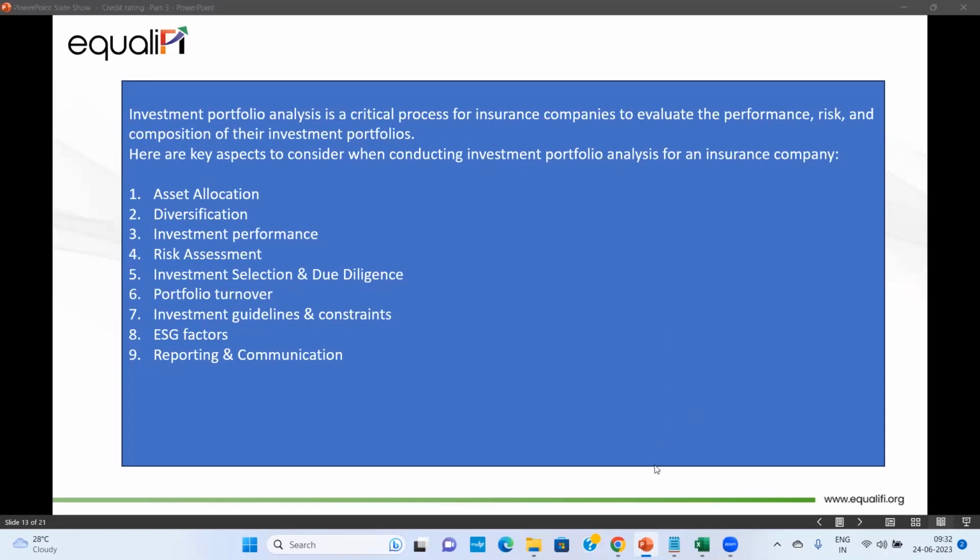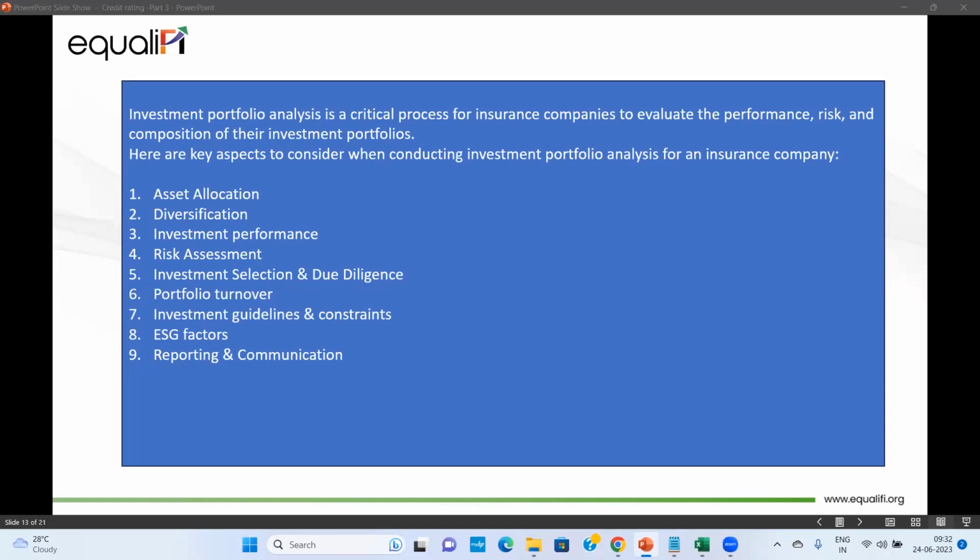What is the investment selection? And debt versus equity, government security versus bond. All these things, and also the trend analysis of their income from those investments, is being considered. So that is one important aspect while you rate an insurance company.